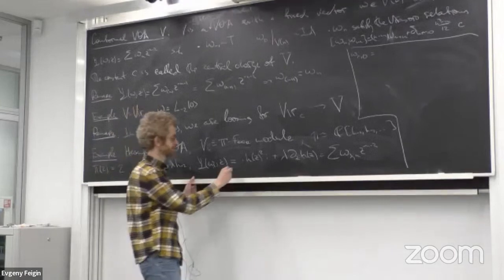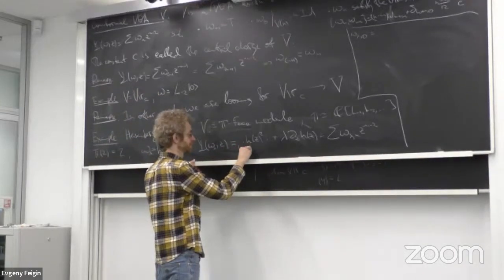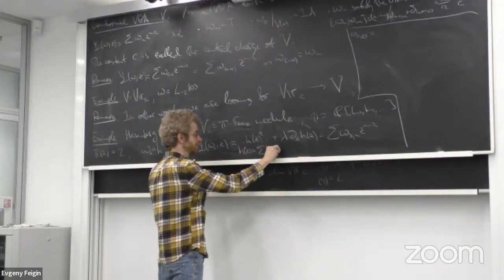So please remember that h of z is the sum hn z minus n minus 1.